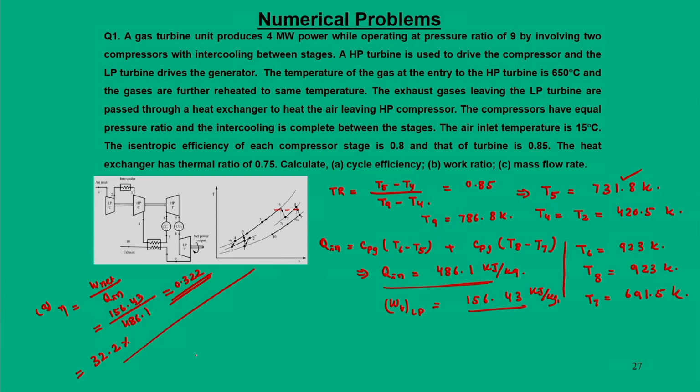And the next part, the work ratio. WR we can write as W net by W turbine. W turbine has two parts: one is this LP turbine and the other is the HP turbine. For the LP turbine we get this. For the HP turbine, what we got from the beginning, was 266.2 kilojoule per kg.